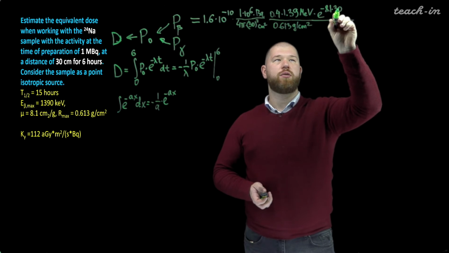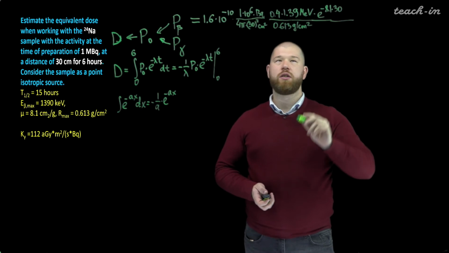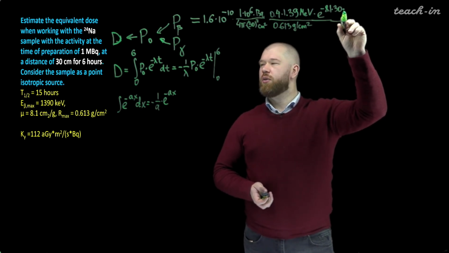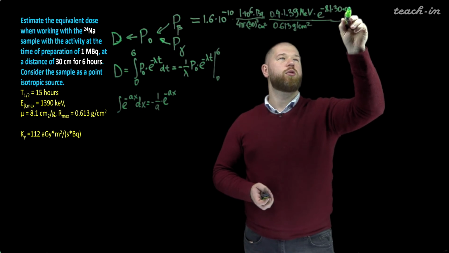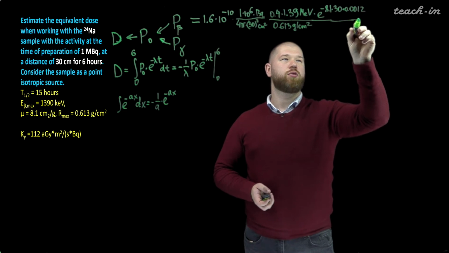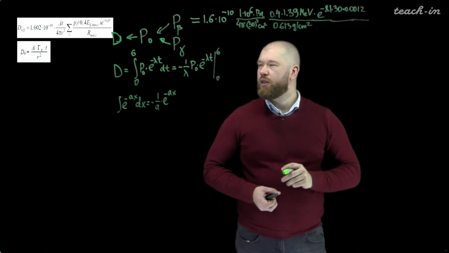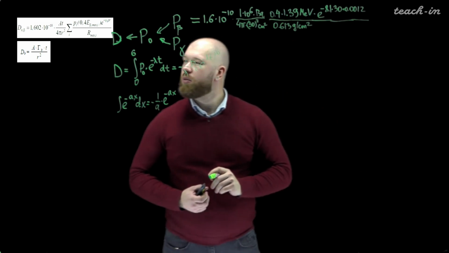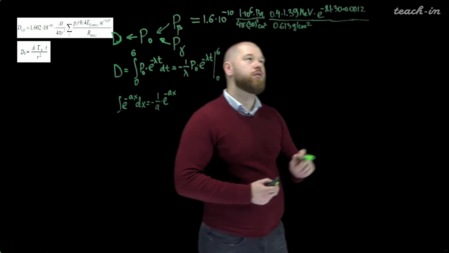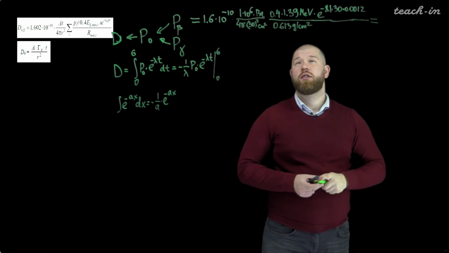Distance is 30 centimeters, and the density of air is equal to 0.01012 gram per cubic centimeter. So we have everything from our equation. I didn't forget anything. So let's calculate it.